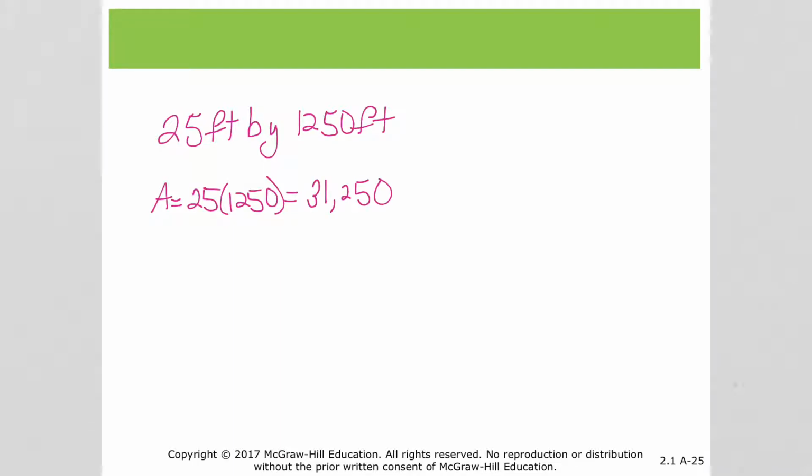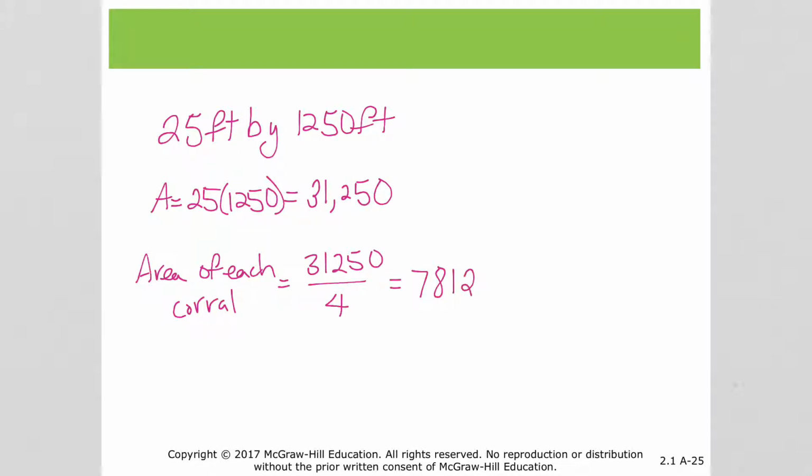So that's the total area of the whole thing. So that means the area of each corral will be this number, the area of the whole thing, divided by 4. So 7,812.5 square feet.